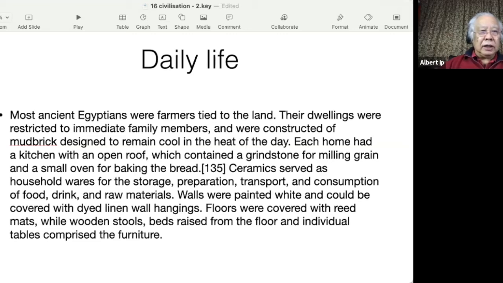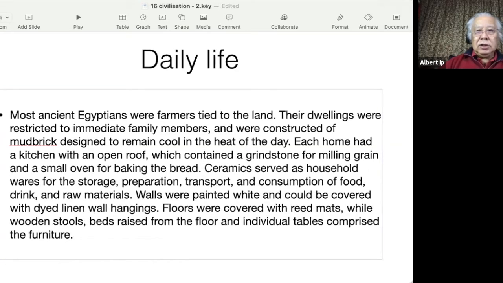Each house had a kitchen with an open roof, which contained a grindstone for milling grains and a small oven for baking bread. So again, the food that we expect is very much European style food, with bread as the main food.